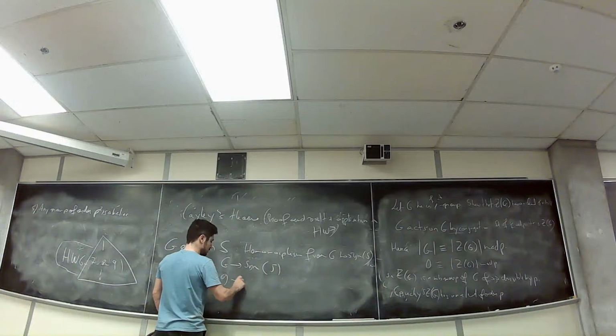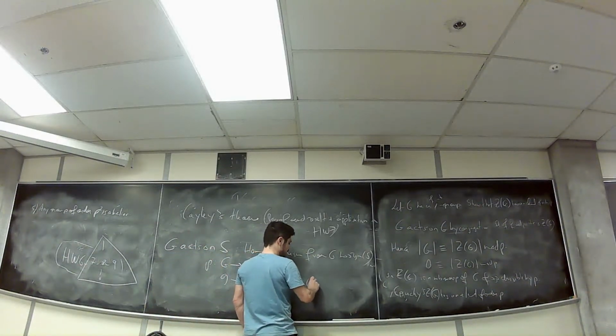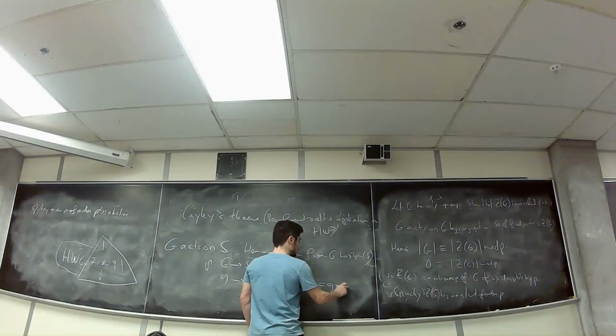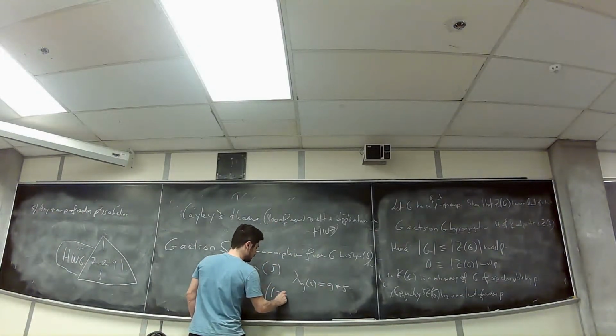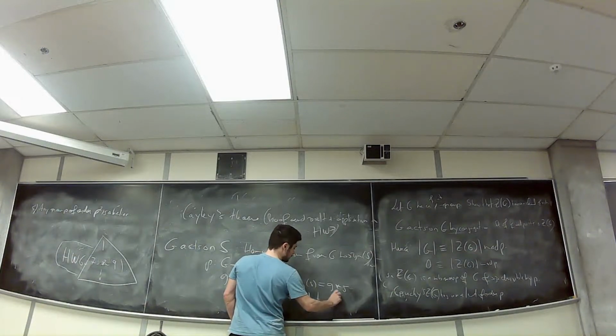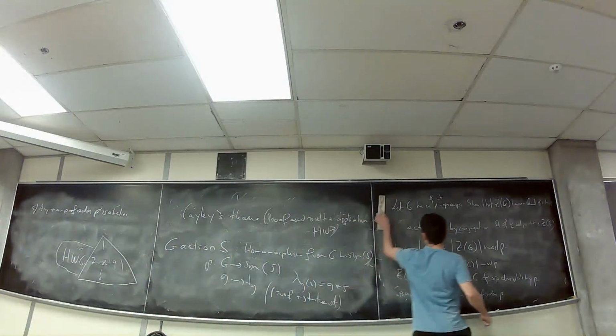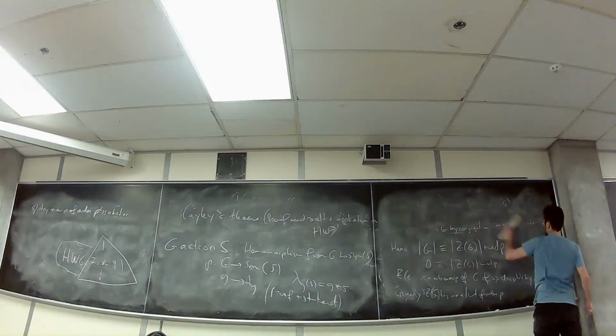It sends g to lambda_g, where lambda_g(s) is g star s. So you have proof plus statement. You have to know the statement. You have to know the homomorphism. What is the kernel of this homomorphism? It is the intersection of all the stabilizers, right?